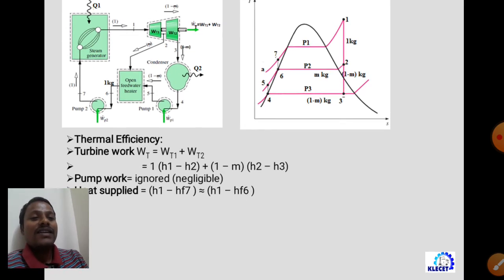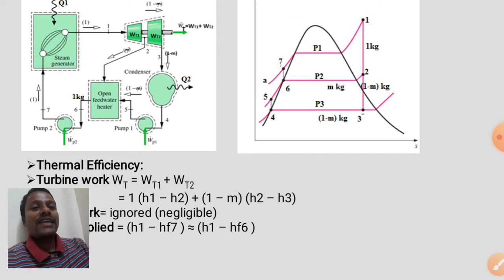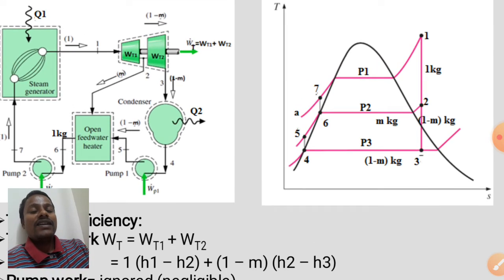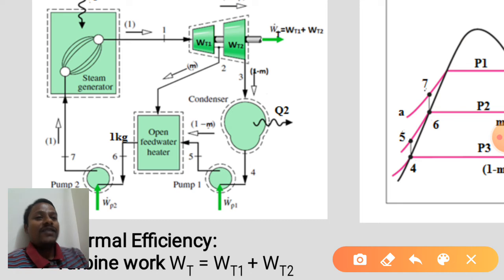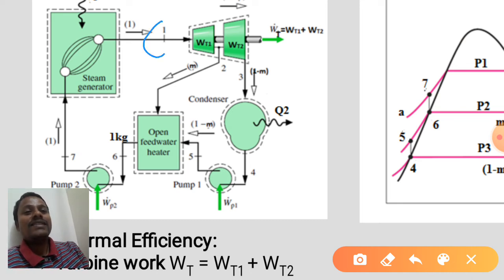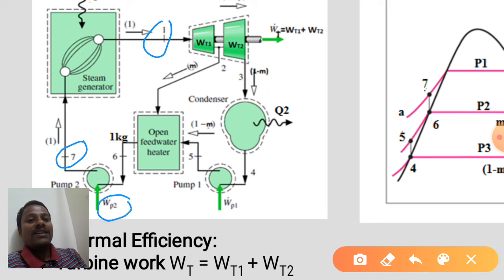Heat supplied: we are supplying the heat energy in the boiler, where the process is between 7 and 1, so it is H1 minus HF7. Again, pump work is negligible here, so HF7 is equal to HF6.